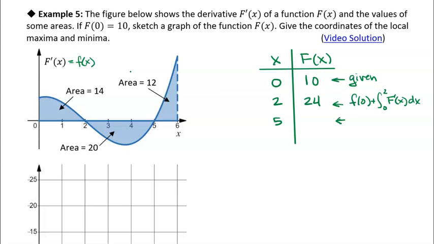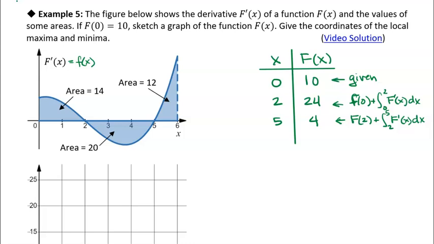So I'm going to take F at 2 and add the integral from 2 to 5 of F prime of x dx. I've got to remember that it's negative, so I subtract 20 from 24. I get 4. And I notice this should be a capital F right here.